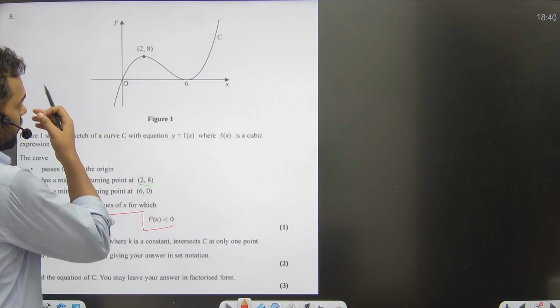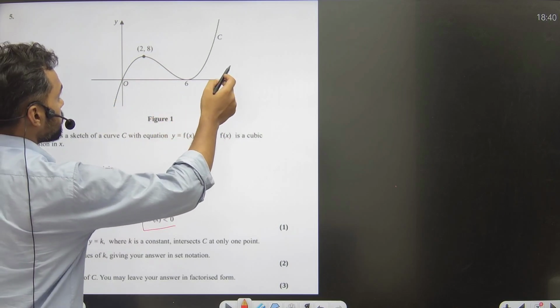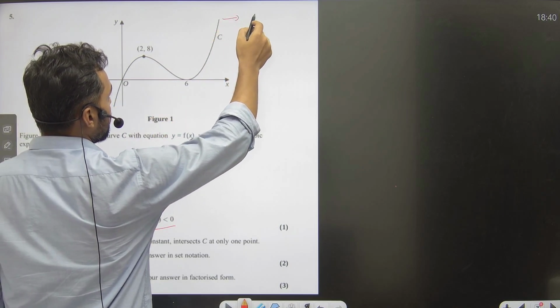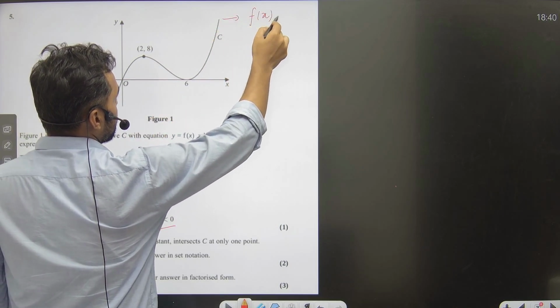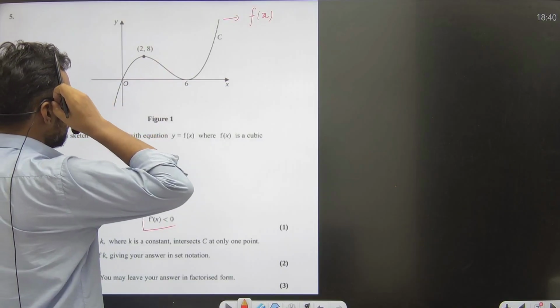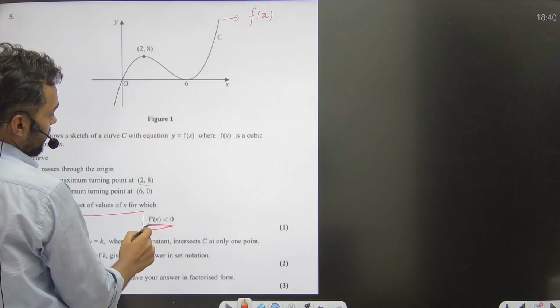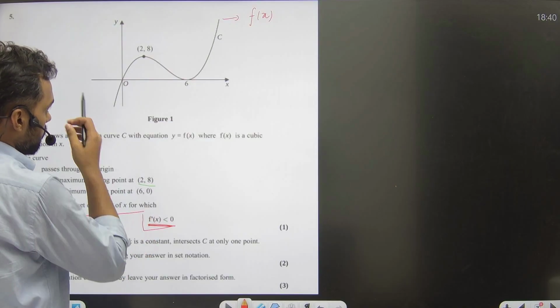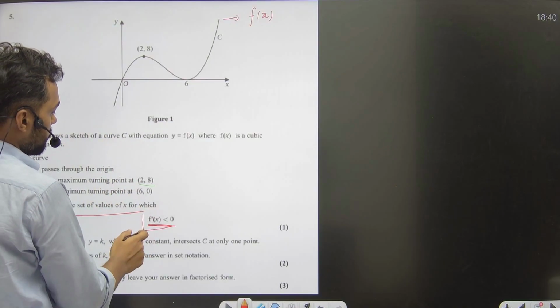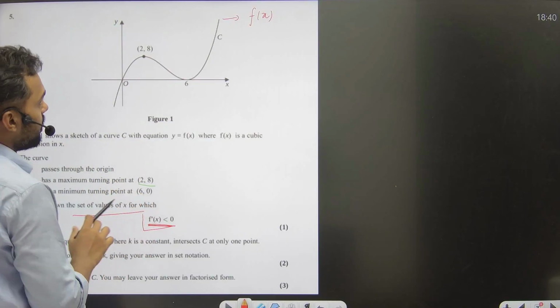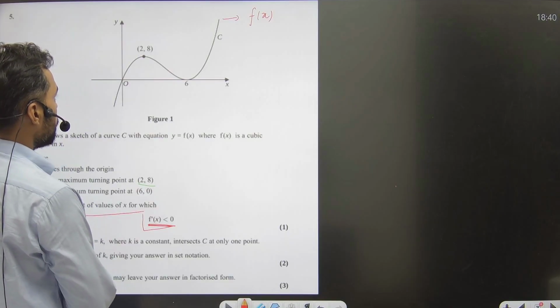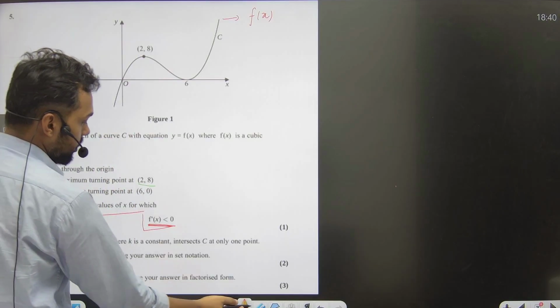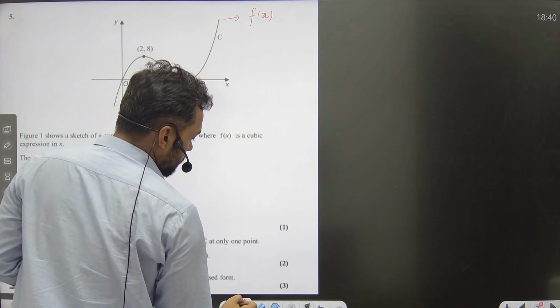So this particular curve is f(x), and we want f prime x less than 0. In what range is the derivative of the function f(x) less than 0? Let's discuss one by one.